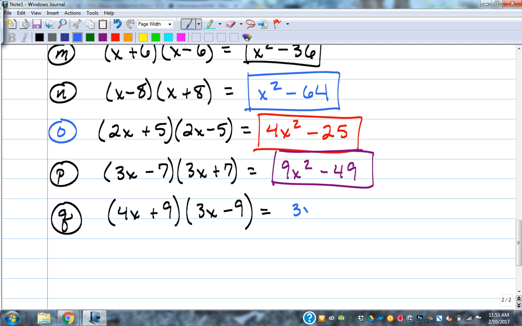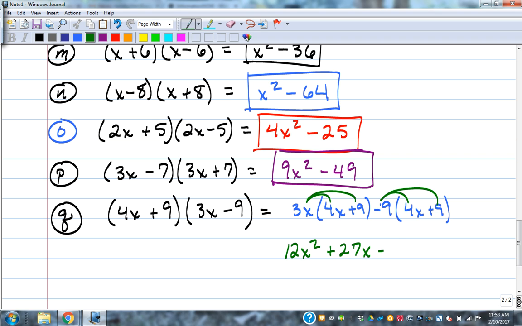So I'm going to write it out. Minus 9, and then 4x plus 9. And then distribute. 12x squared plus 27x minus 36x minus 81.